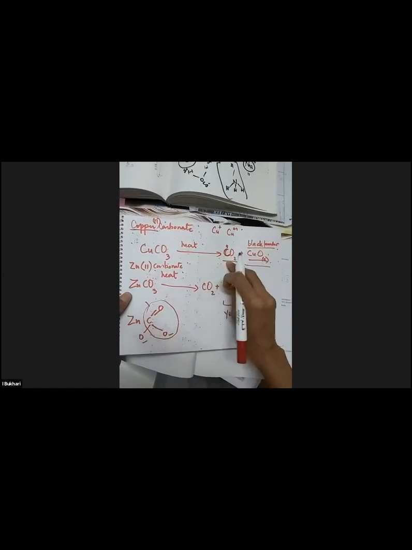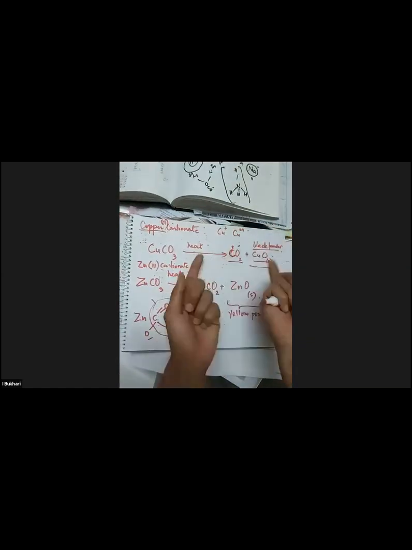Whatever the oxidation state, it will be positive if the element is written at the beginning of the formula. The element which is written at the end of the formula, or which is written later, will have a negative oxidation state. It can never be the other way around. You cannot have a negative oxidation state first and a positive oxidation state later.